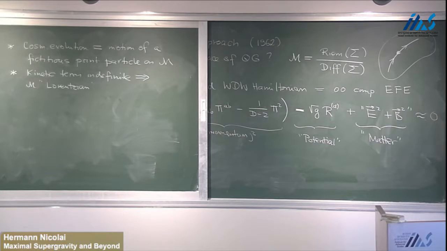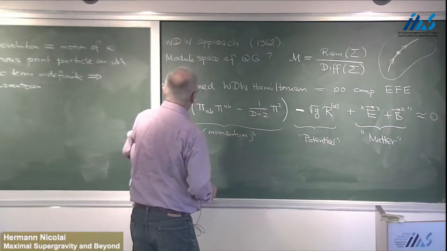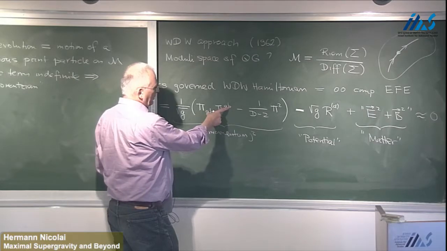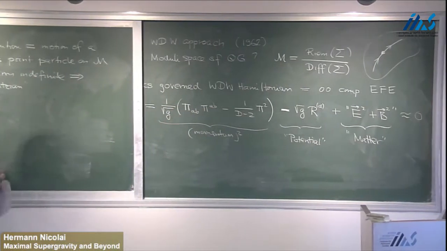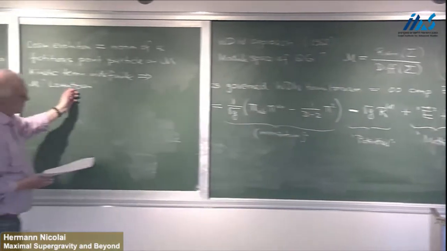Okay, so it's kinetic. And thirdly, now comes the question about the geodesic motion. If you write it in terms of curved indices, there appears a metric here, which is the so-called DeWitt metric. So this is just a statement that the DeWitt metric is Lorentzian.